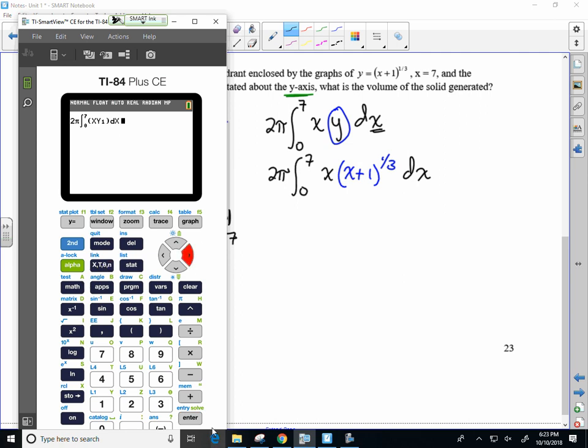I can do this, or I can actually type it in, x plus 1 raised to the 1/3. Same result.